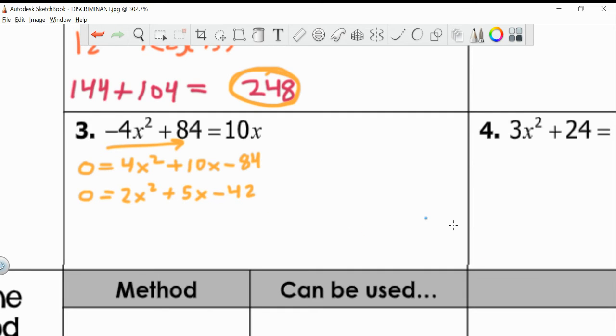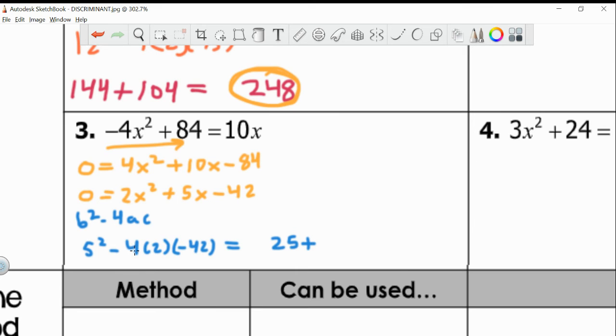And now I can do the discriminant, which would be b squared minus 4ac, which would be 5 squared minus 4 times 2 times negative 42, which would be 25 minus plus minus is going to be a plus.